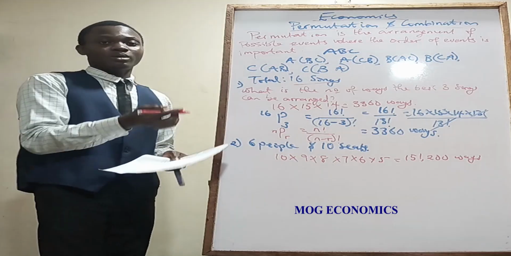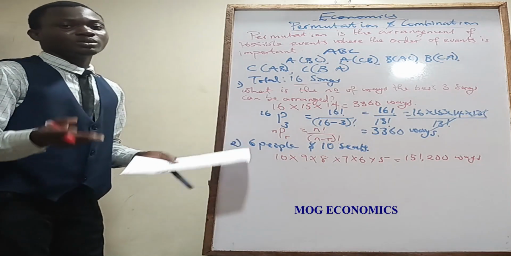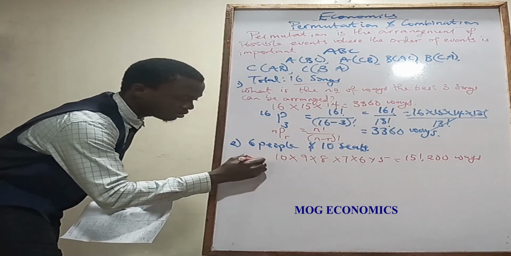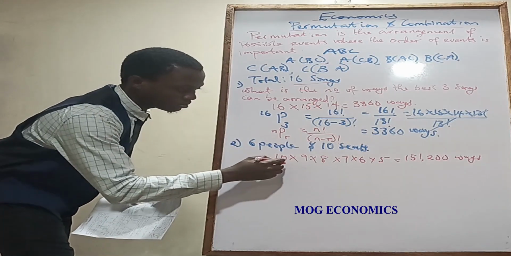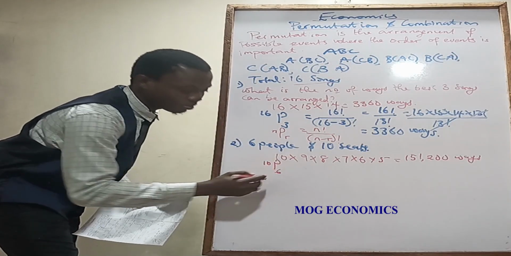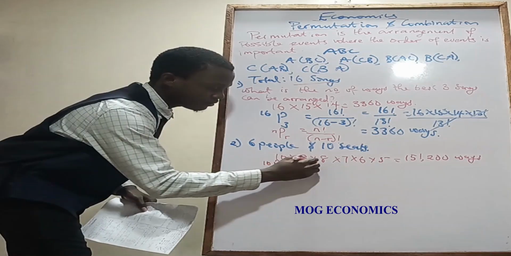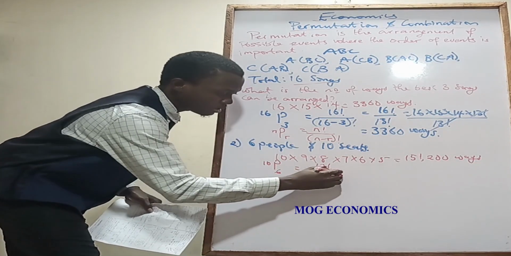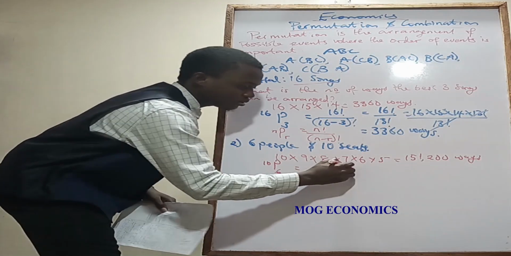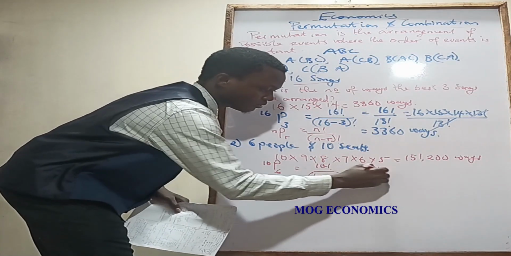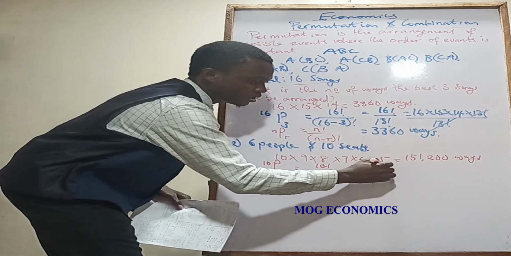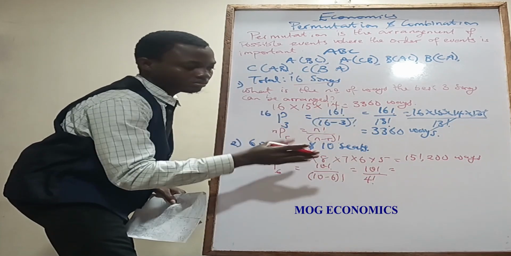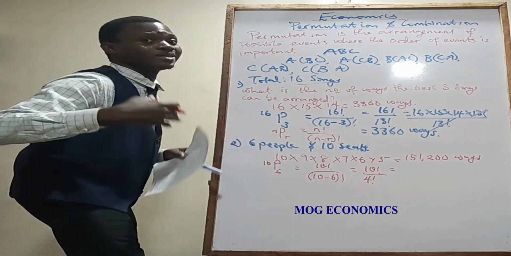So using our permutation formula, since we have 10 possible seats to choose from, it is going to be 10 permutation 6 people. So 6 out of 10. So you have 10 factorial divided by 10 minus 6 factorial. So this is going to give us 10 factorial divided by 4 factorial. I'm not going to be solving this using both ways anymore. I just want you guys to get something.